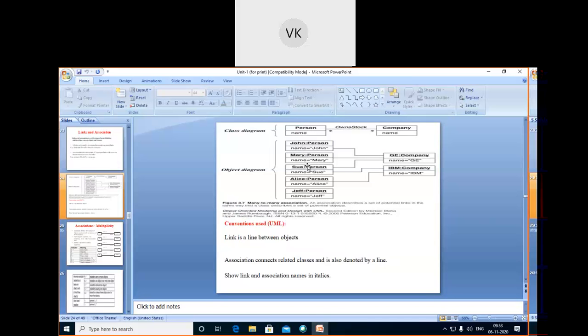John, Mary, Shu have some of the stocks, some of the shares in the General Electric company. Here you see the three objects are related with the one object. It is a 3 to 1 relationship. Multiplicity here is 3 and 1. Three objects have a relation with one object.